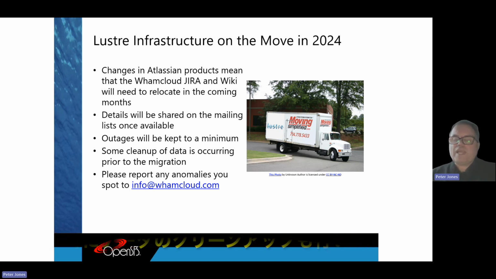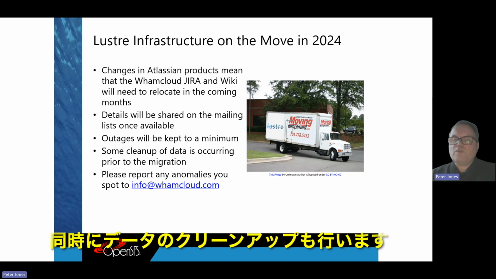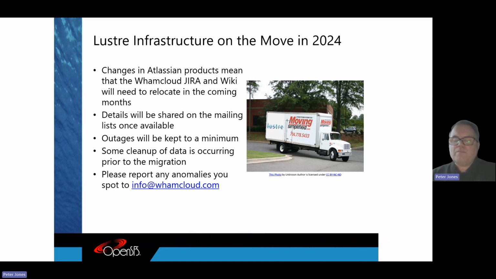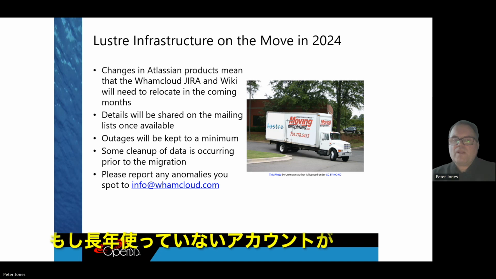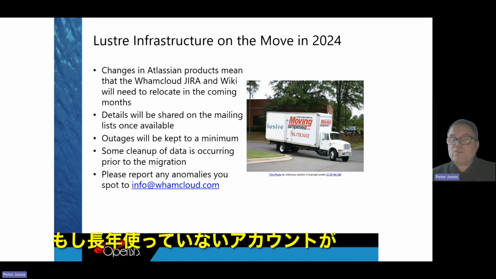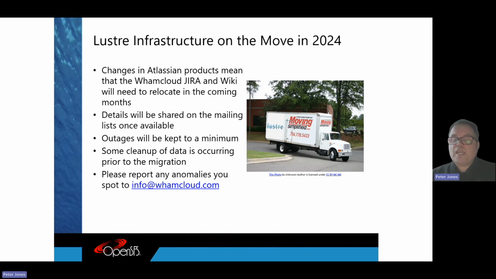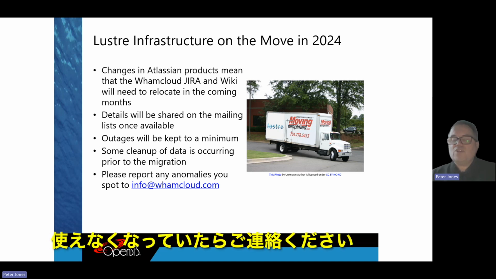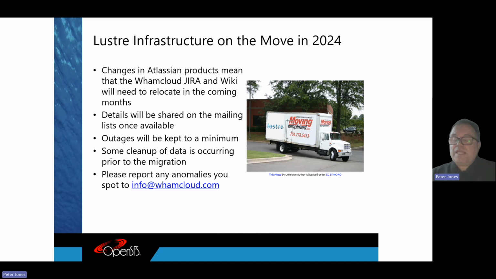I did want to flag this though, because we are at the same time doing some data cleanup, so if there are any accounts that you've not used for many years and you go to use them, you may find that they are no longer working, and that's just part of this cleanup exercise we're doing ahead of the migration. So just drop us a note and we'll make sure we get things reinstated for you.